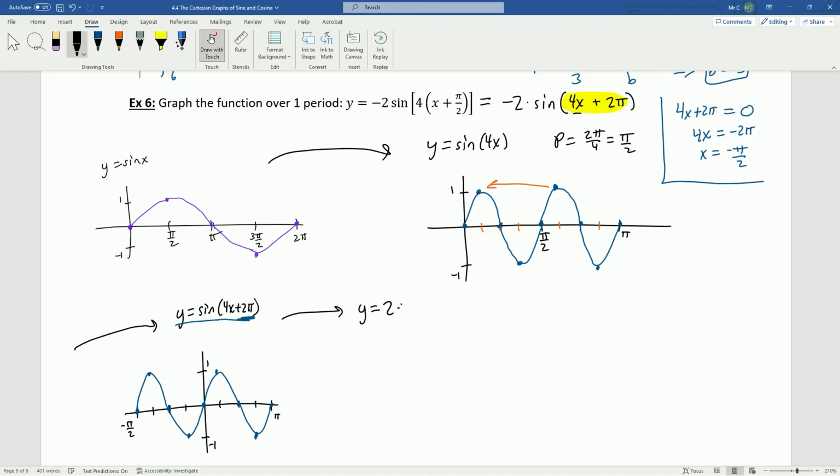Y equals 2 times sine of 4x plus 2 pi. So multiplying by 2 gives me a new amplitude. The absolute value of A is 2, so my amplitude is 2. That just means I take all of my y values and multiply them by 2, right? It's the same thing we've been doing. So now instead of my graph going from 0 to 1, it's going to go from 0 to 2 and to negative 2.